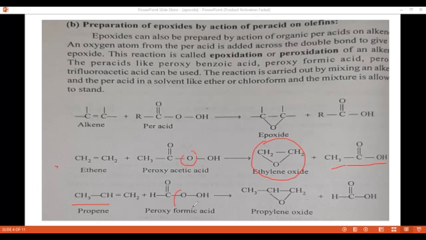One oxygen is added across the carbon-carbon double bond to give propylene oxide, plus formic acid. So in this method, the addition of a peracid to alkenes adds oxygen from the peracid across the carbon-carbon double bond to give the epoxide.